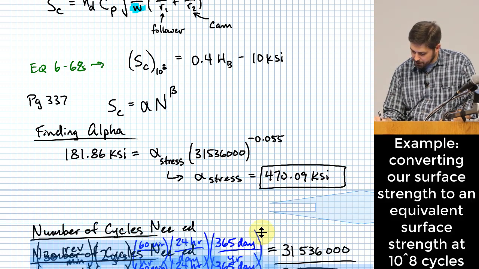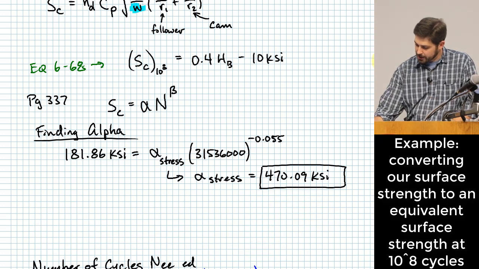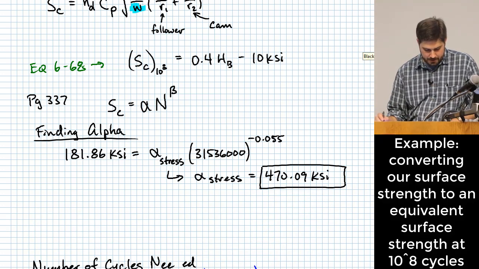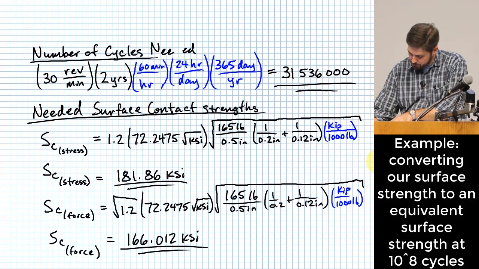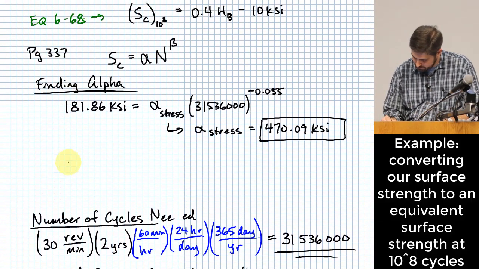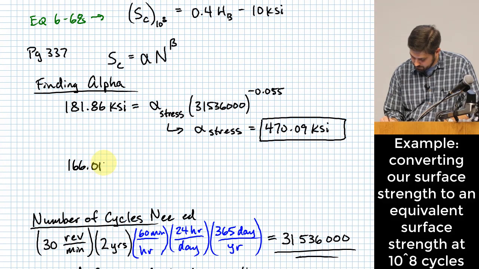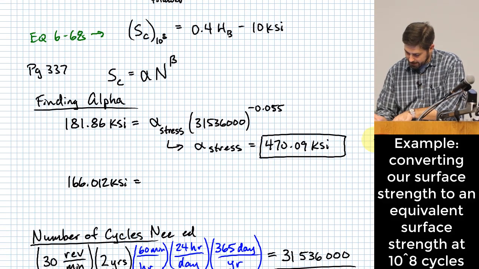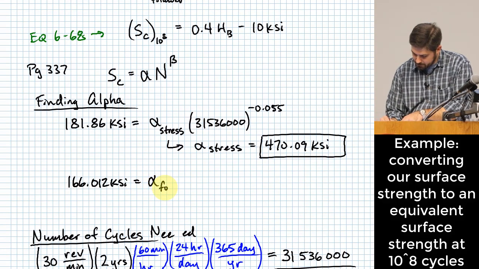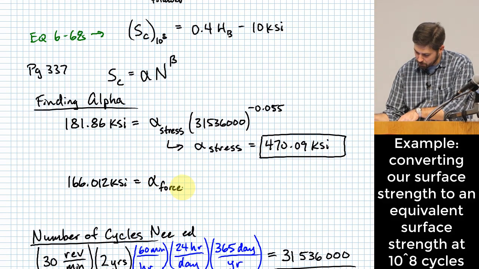Okay, we could then do another one of these if we are guarding against excessive force. So the value we had down here was 166.012 KSI. This is going to be equal to alpha guarding against force.